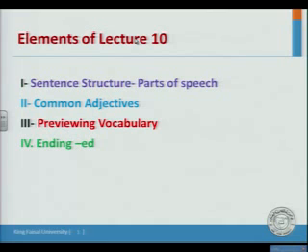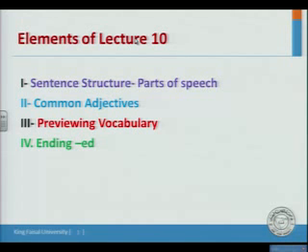You know that we have covered the final ES, but today I'll try to show you the pronunciation and the spelling of the final ES when it comes after the verbs or after the noun. The same spelling and the same pronunciation. So these are the elements of our lecture.